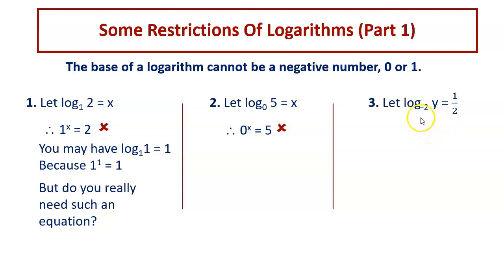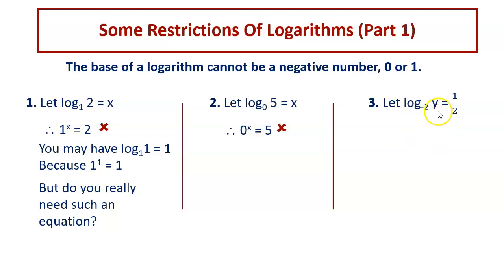For the time being, just remember that negative numbers cannot be the base of any logarithmic term. I have just taken up one of the problems that may arise if we have a negative number as the base. If we convert this equation to an exponential equation, what happens?